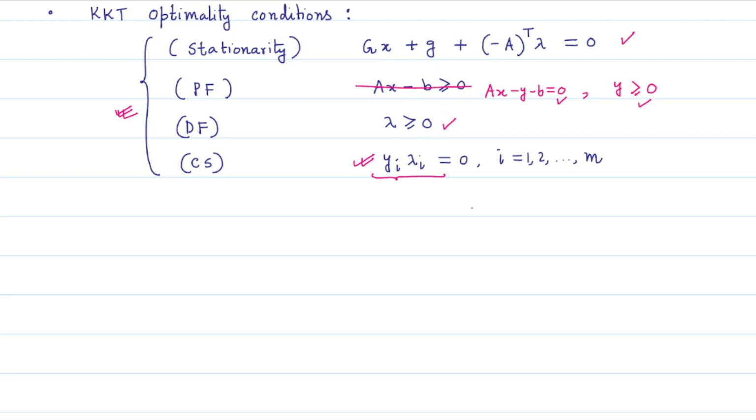Let us suppose the polytopic region given by the set of these KKT conditions, except the complementary slackness condition, is hypothetically a region of this kind.